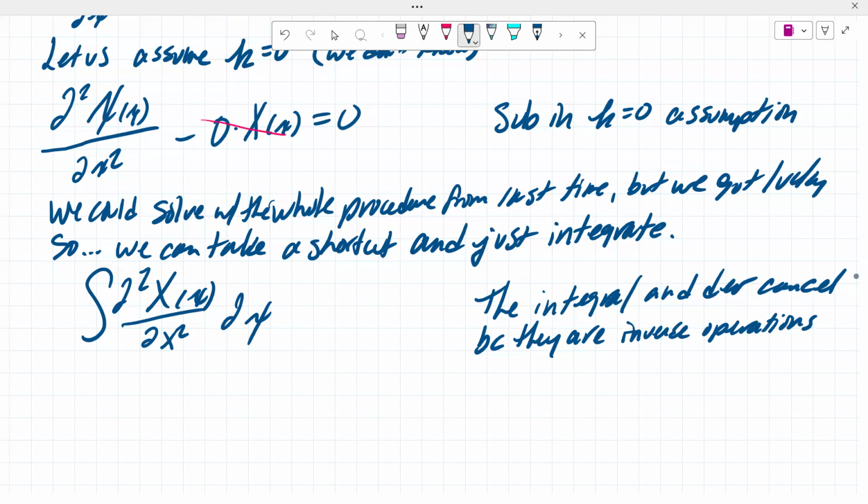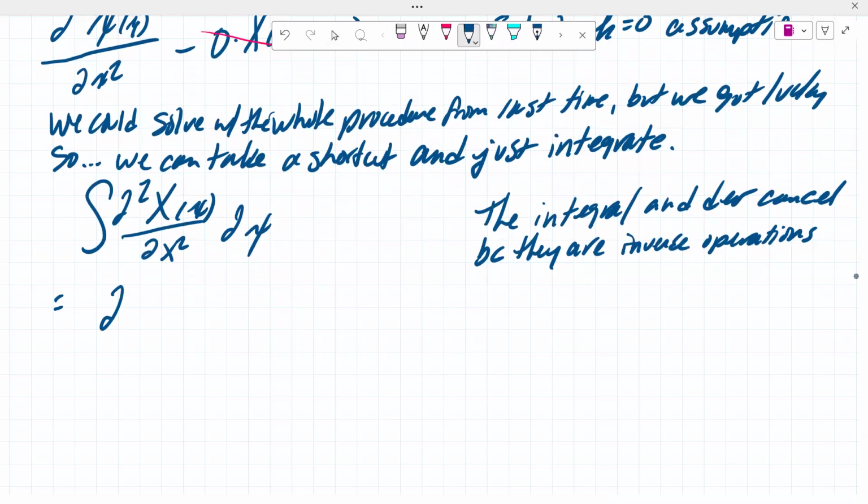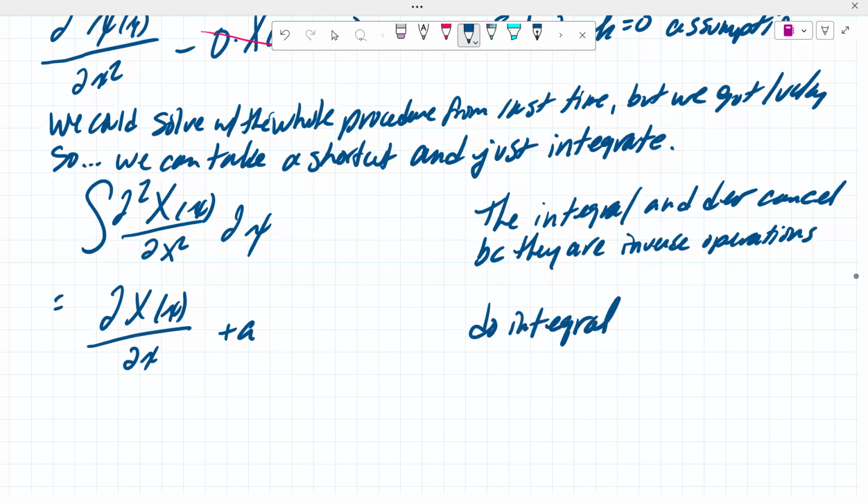So when we do that, you're going to remove one power, because you did one integration, you went one level down. So that's going to be equal to dX of x over dx plus a. This is your integration constant, right? Okay, then we are not done yet. So that's simplified, we just did the integral.